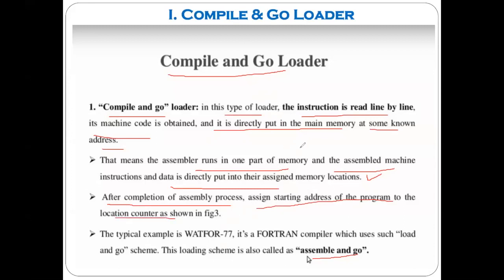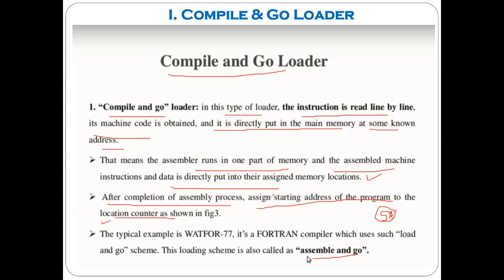Every loader has to give the starting address to the CPU. That starting address is stored in the memory address register, the location counter, or the program counter, because the CPU can refer to it. In that location counter the starting address of the particular program is mentioned, from where the CPU can start the execution.